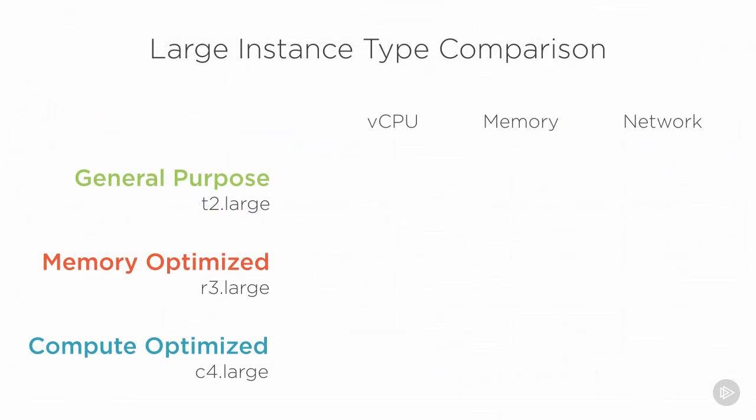To give you a concrete example of what I'm describing, let's compare the large instances in the general purpose, memory optimized, and compute optimized families. The general purpose large instance provides a balance of CPU, memory, and network performance. We can use it as a control group here. The memory optimized large instance has the same number of CPUs as the general purpose instance, but twice the memory.